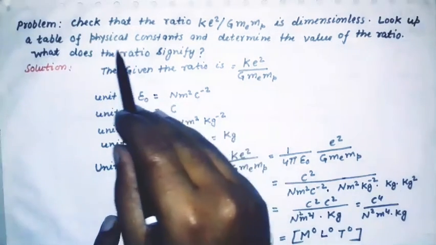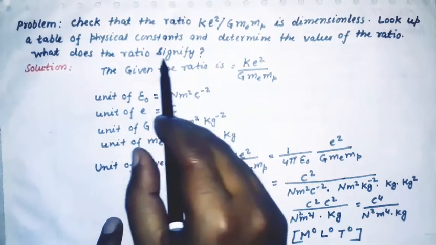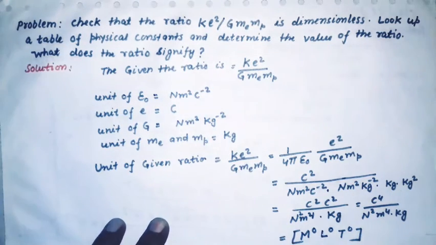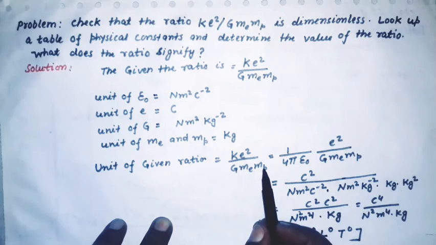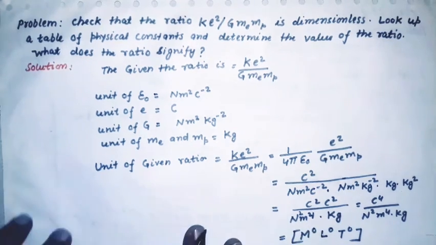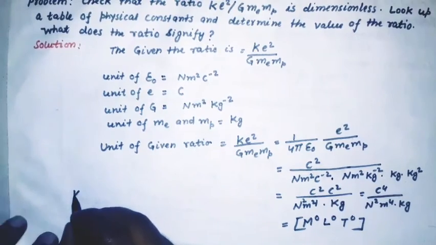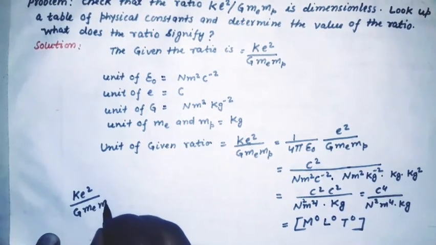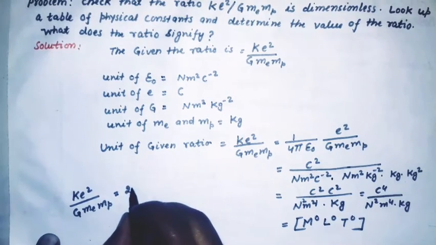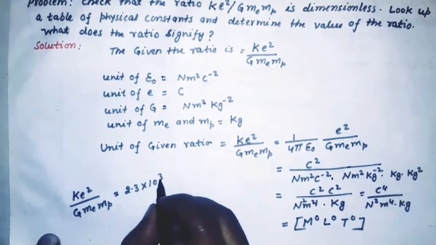Second part of the question is, what does the ratio signify? If we put down the values of k, e square, G, me and mp, this ratio comes out approximately 2.3 into 10 to the power 39.